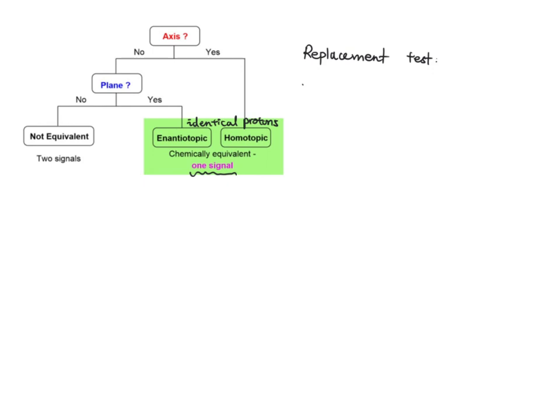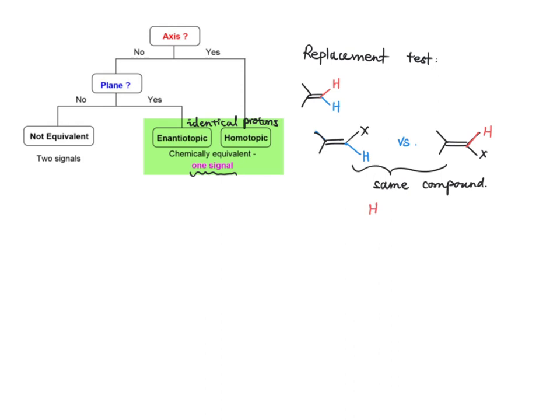For example, if we start with a molecule we already saw earlier, and we replace one of the protons with an X. So if we replace the red with an X and keep blue, versus if we replace the blue one with X and keep red, and this replacement of the two protons gives you exactly the same compound or same molecule, then that means this blue hydrogen and the red hydrogen are homotopic.